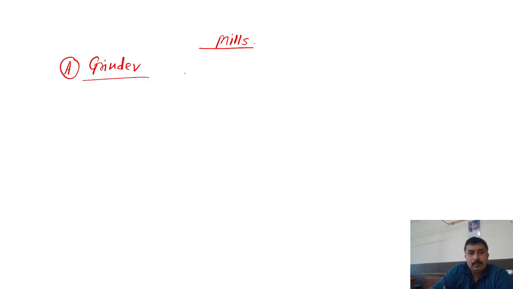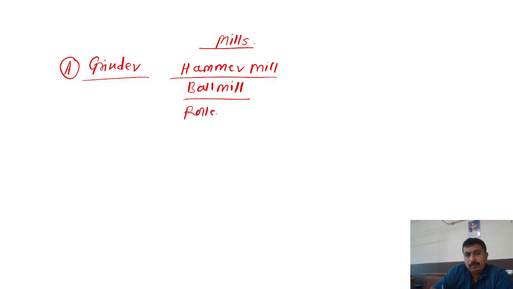Grinders include, for example, the hammer mill, ball mill, roller mill, and fluid energy mill. These are four types of grinders.